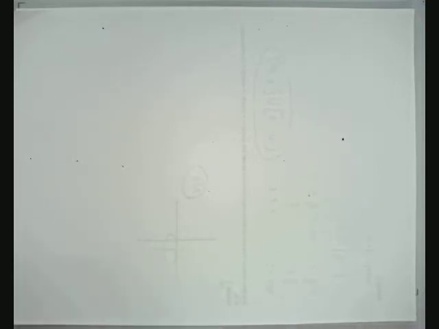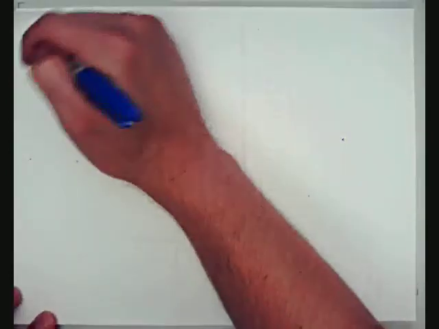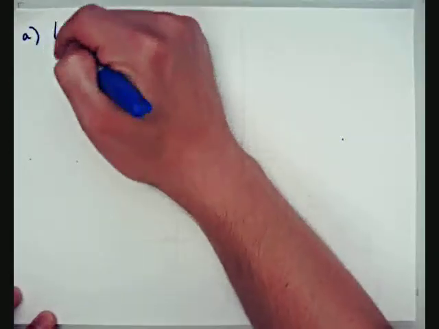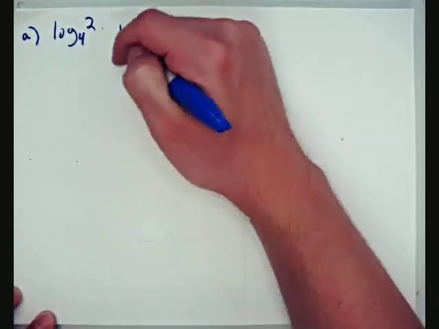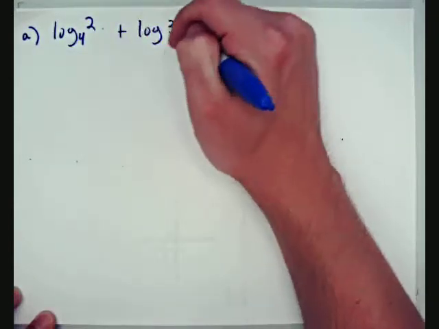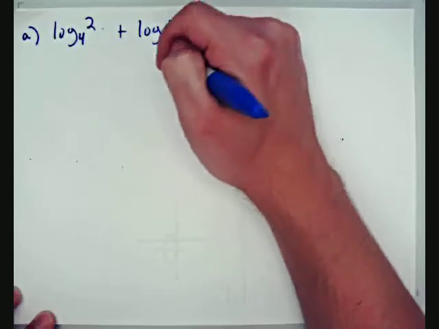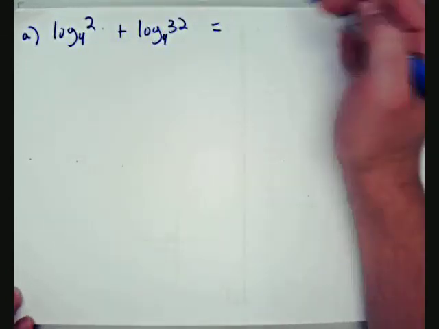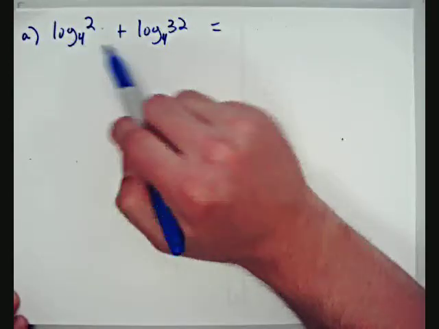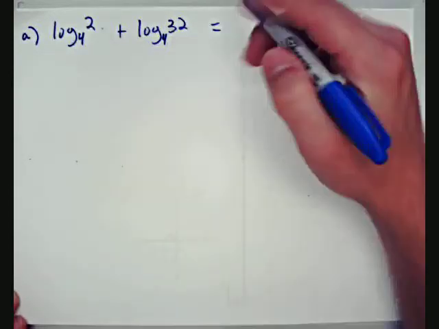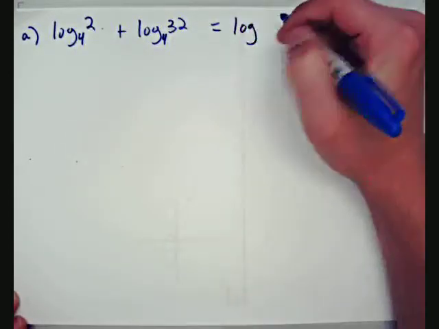So example 5, write as a single log. Part A, I have the log of 2 base 4 plus the log of 32 base 4. Okay, so the reverse of the product property says if we're adding two logs together, they can be condensed into one single log.